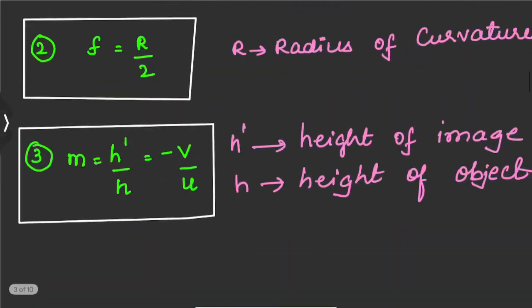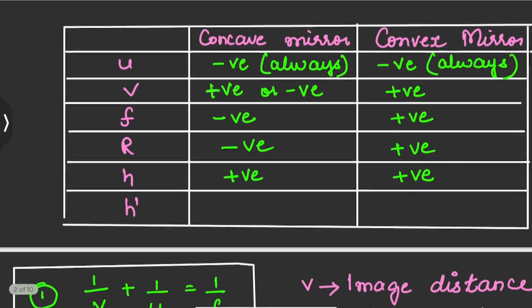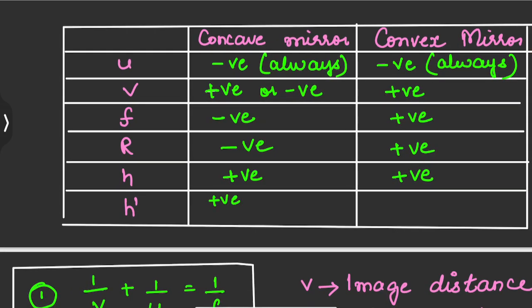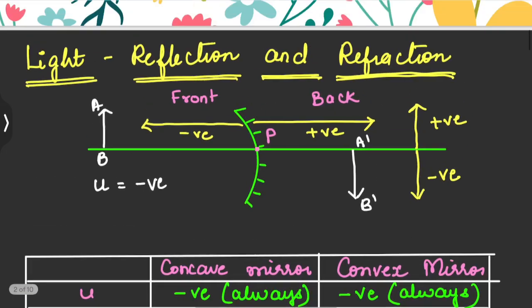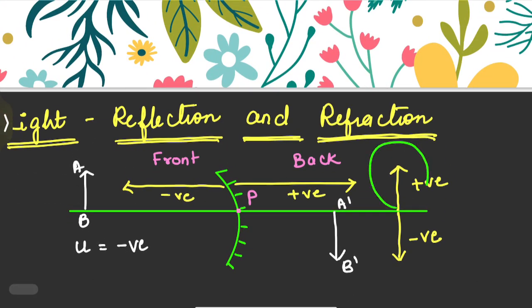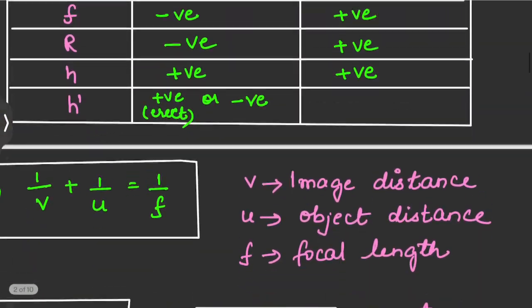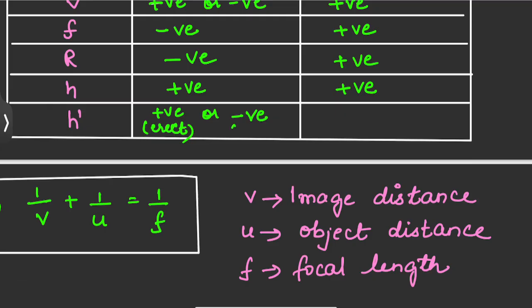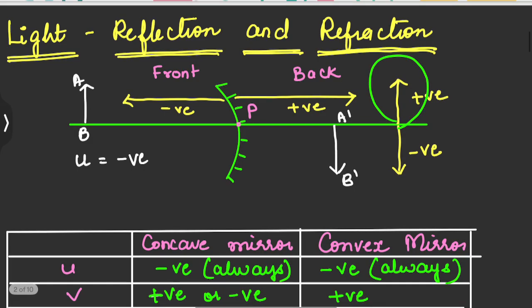So for the concave mirror, it can be positive or it can be negative. If it is positive, then it should be erect. Erect means it should be standing straight like this. It will be negative if it is inverted. Inverted means standing down like this.